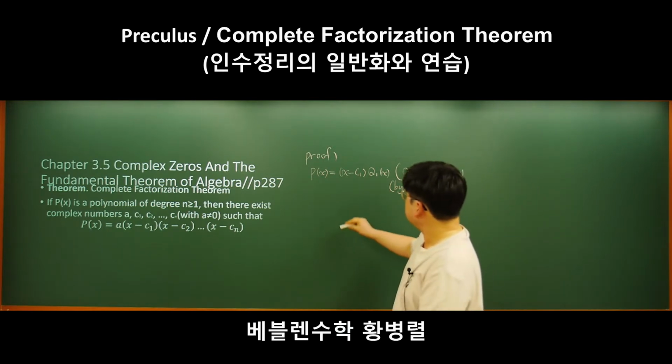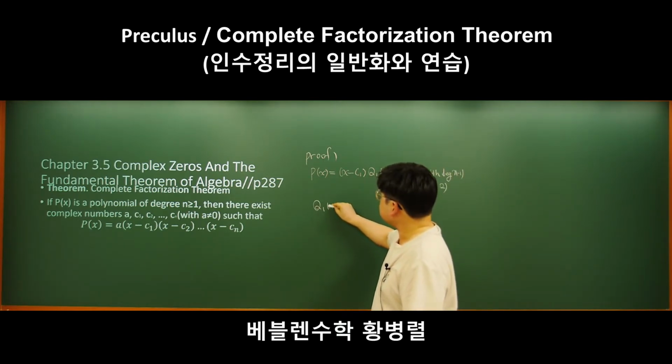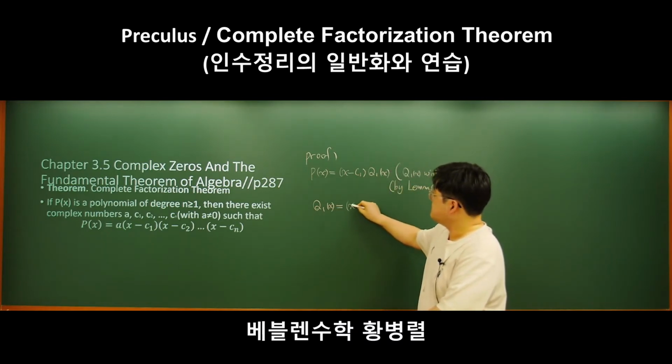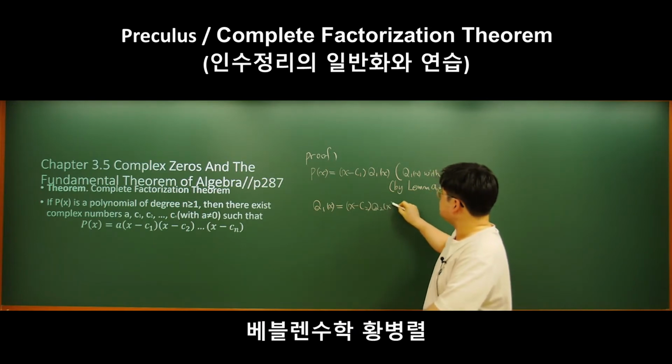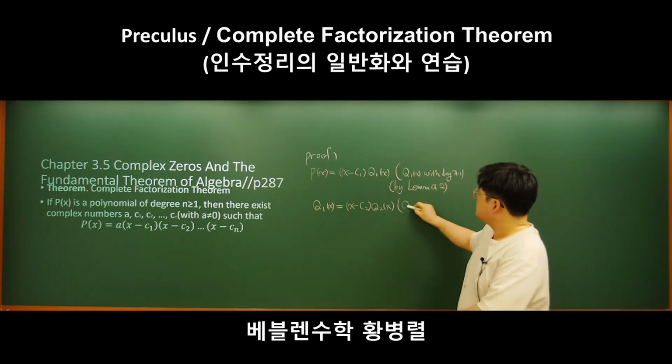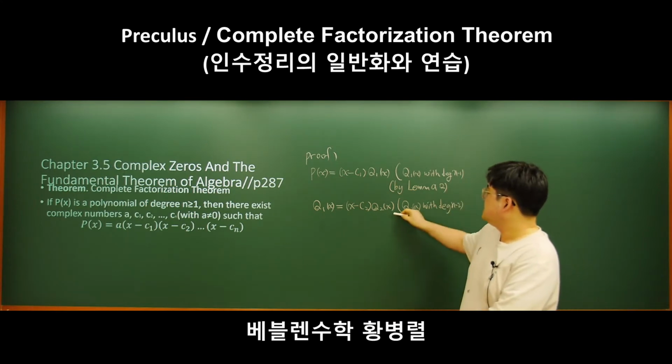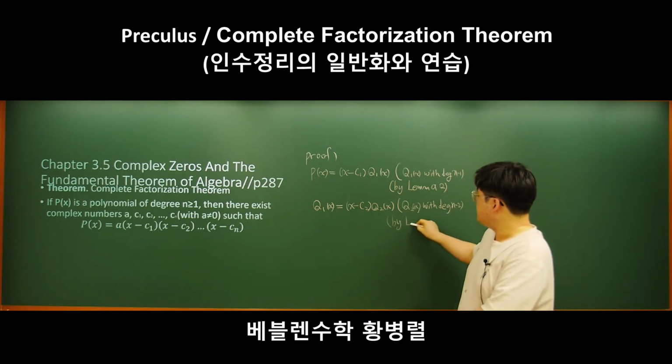And q1(x) can be factored as (x minus c2) times q2(x), where q2(x) has degree n minus 2, also by lemma 2.